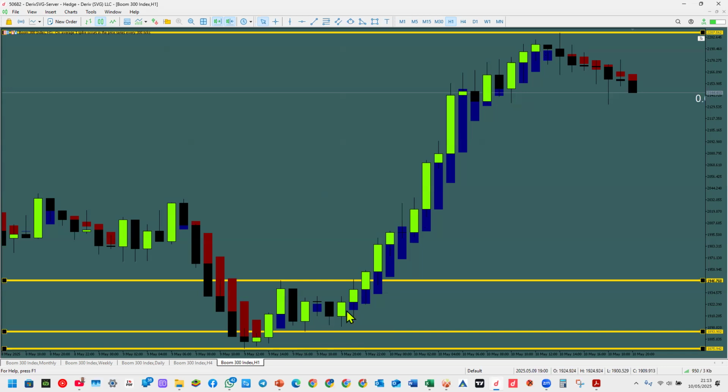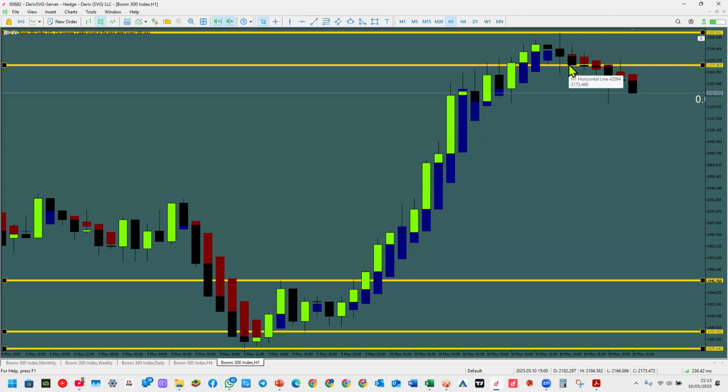So let's say you are buying this market from anywhere here or here. At this point, where the market created this candle and this candle, you would have said close the trade. So you buy from somewhere here to somewhere here and you close the trade.